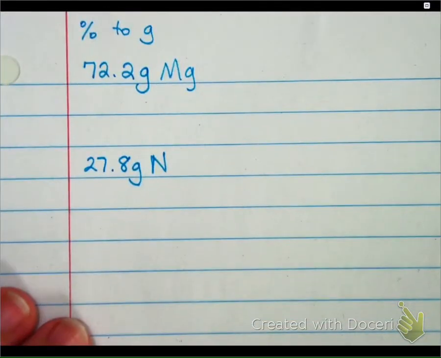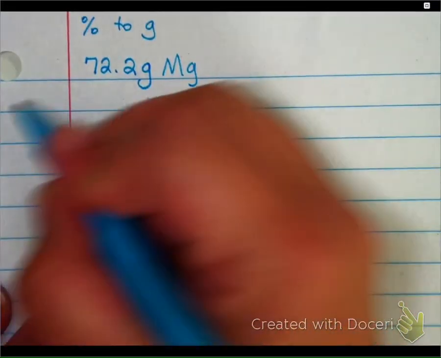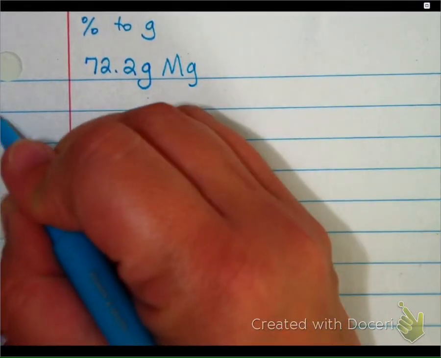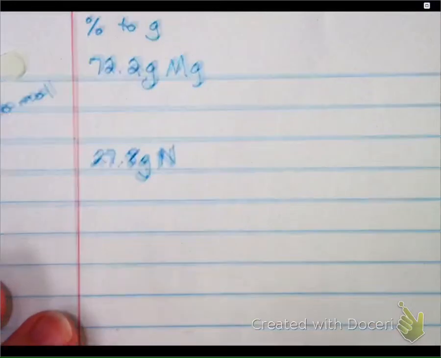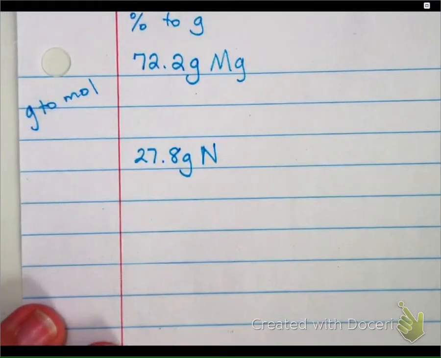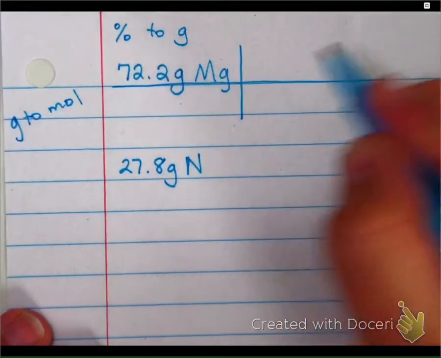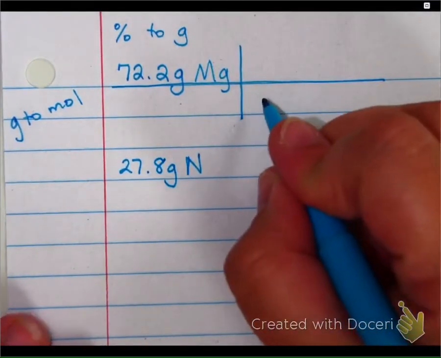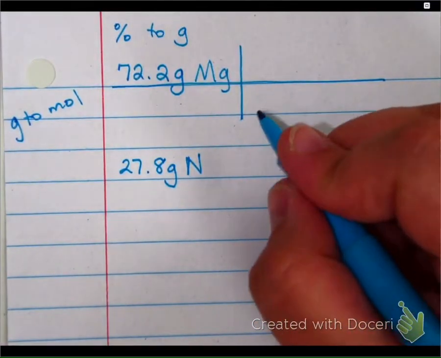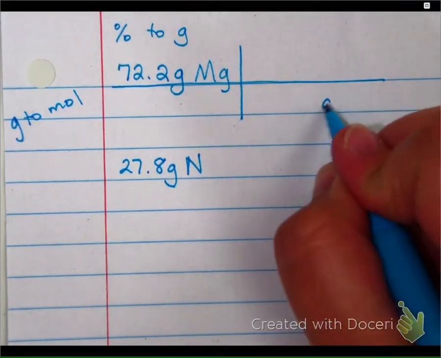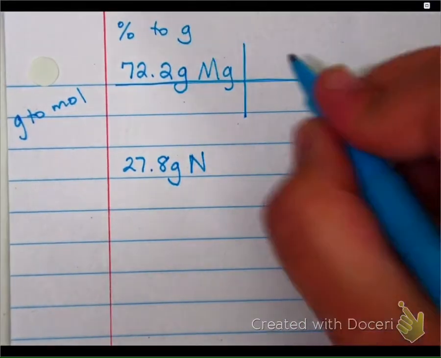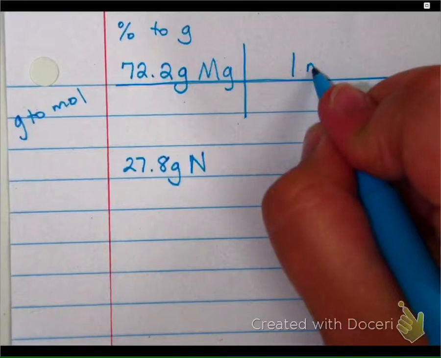The second step says to change the grams to moles. Grams to moles is my second step. So I'm just going to do a one-step T-chart going from grams to moles. So for this one, we're going to bring grams of magnesium here. 1 mole of magnesium goes up here.